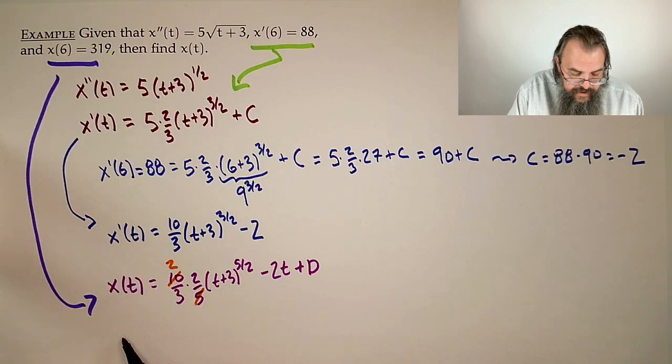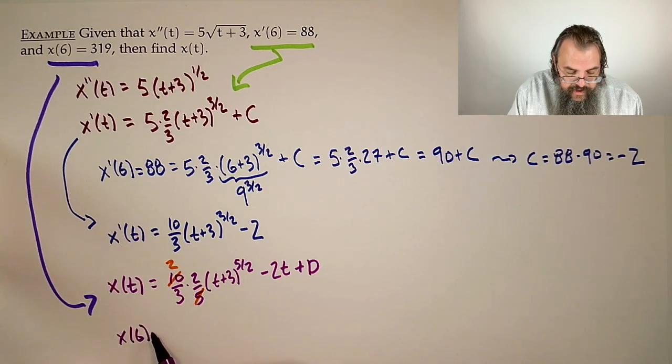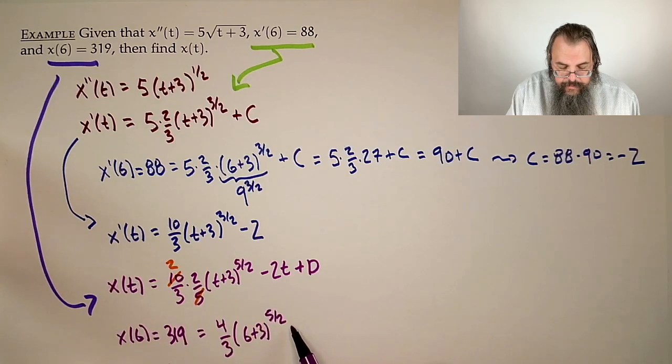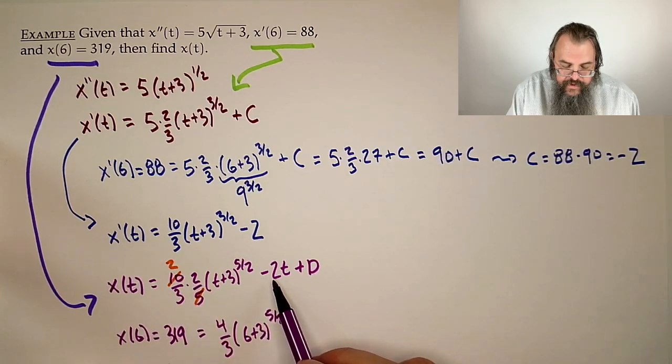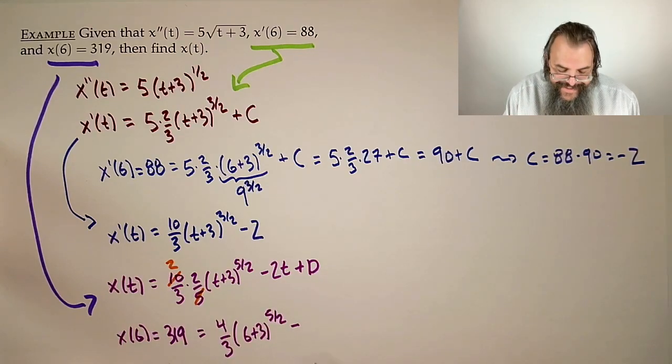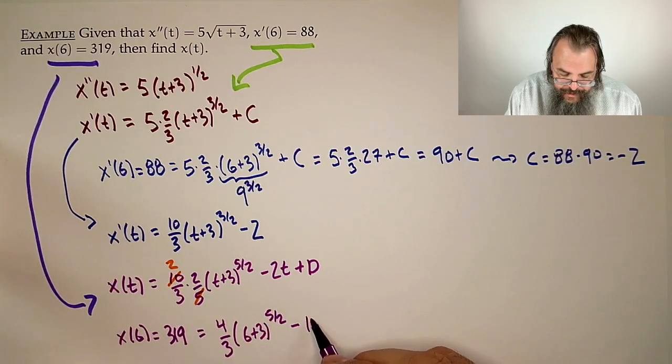We get x of 6 equals 319. We're just copying that down. That's 4 thirds times 6 plus 3 to the 5 halves, minus 2 times 6. We can do that in our heads. 2 times 6 is 12.